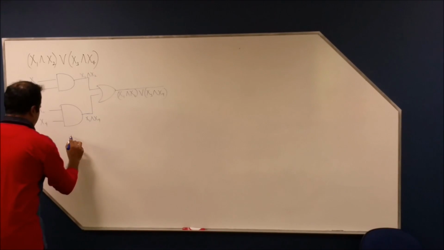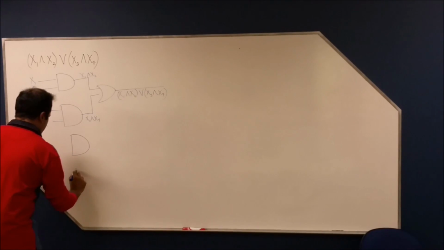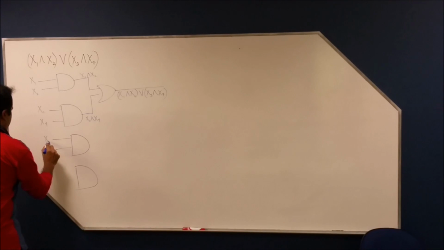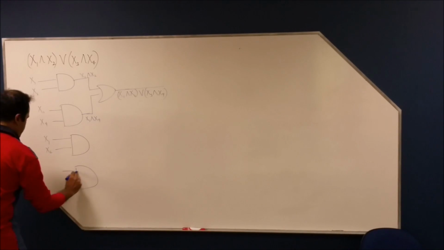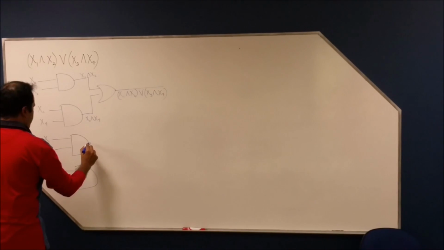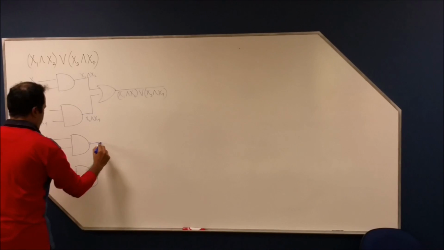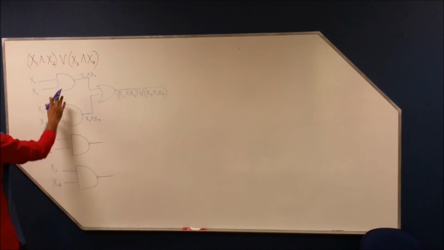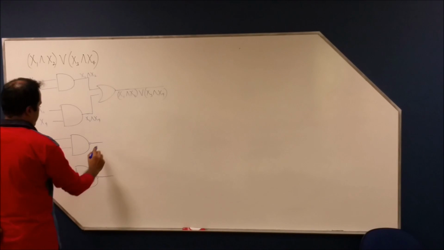Now we will quickly write that down as below. So let's have x1, x2 getting into the AND gates as before. However, instead of the AND, we use a NAND. Okay, that is the AND followed by an inverter.